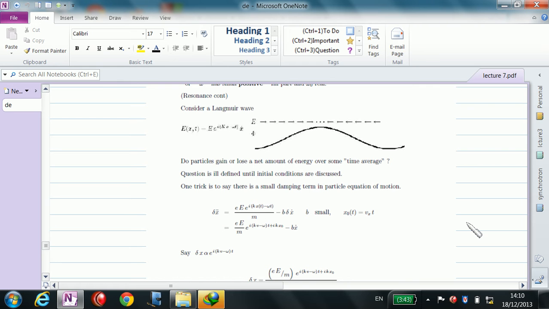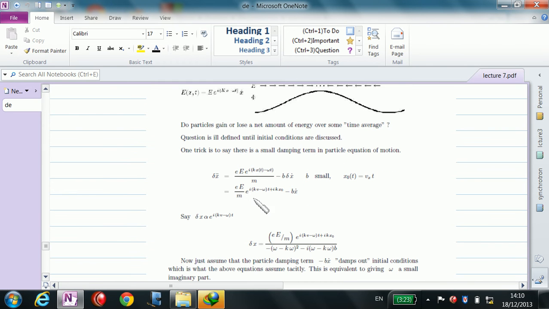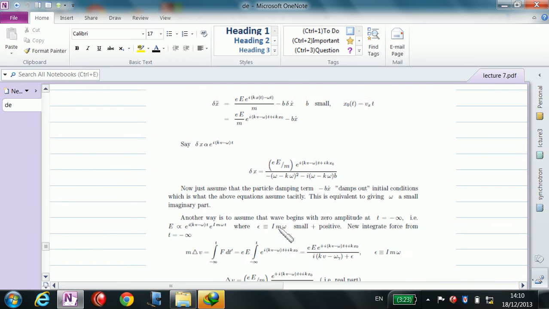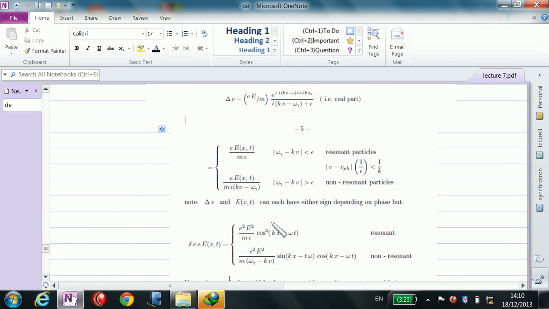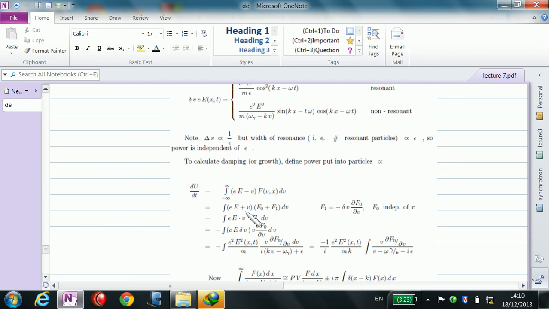Last time we considered the oscillation of warm electrons in an electric field that was assumed to be a plane wave. It's easy to calculate the velocity perturbation, and it's easy to calculate the rate at which it absorbs energy.